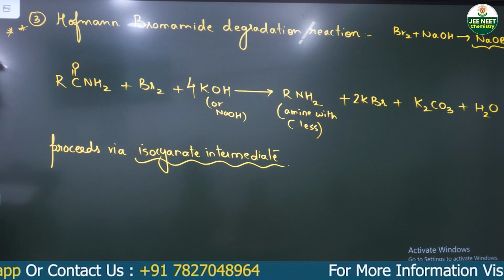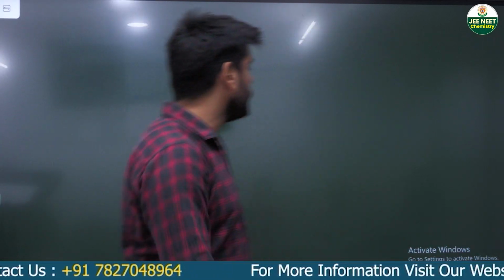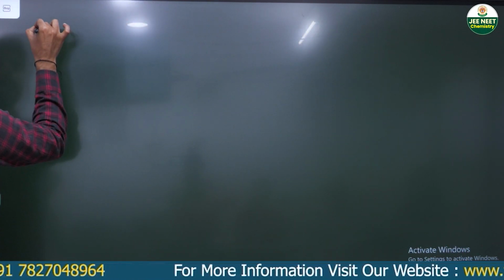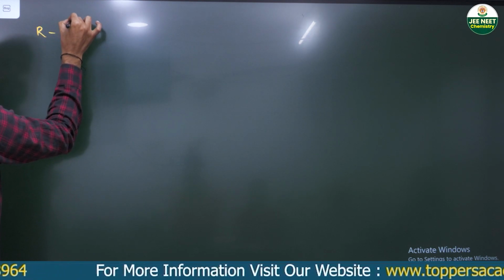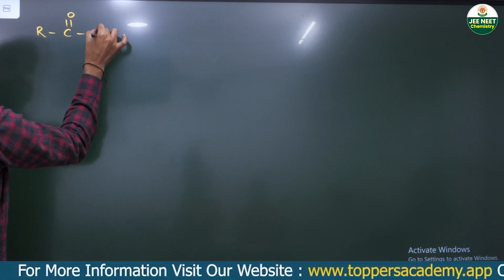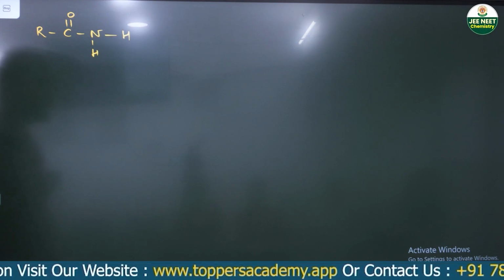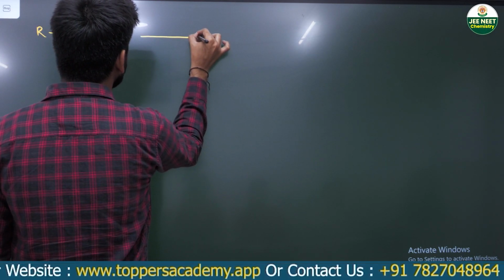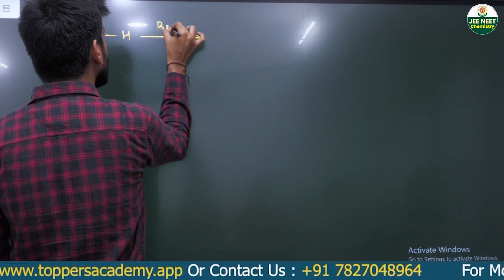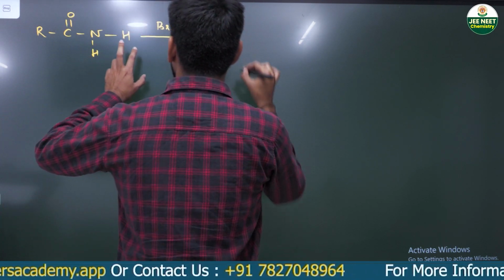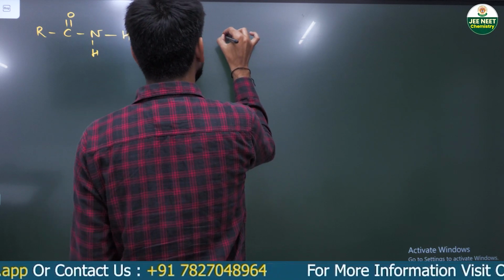Yes. Okay. Look here. Suppose I have R, C double bond O, NH2. In the first step, what will happen? I have Br2. This bond is polar. So what do I get is this.